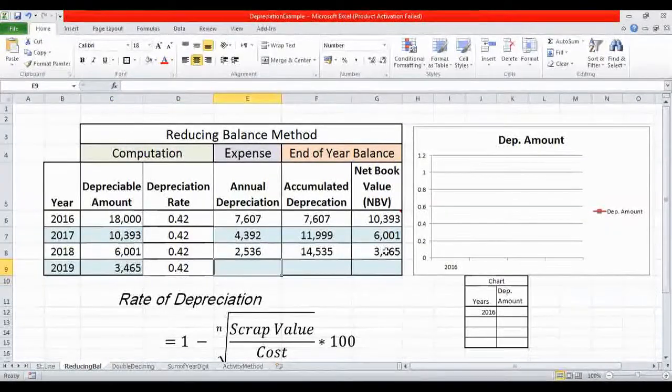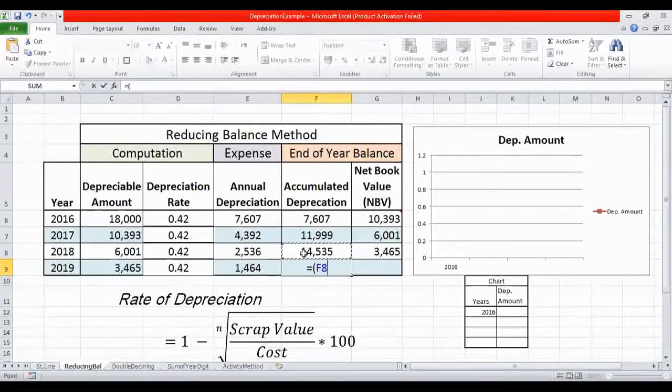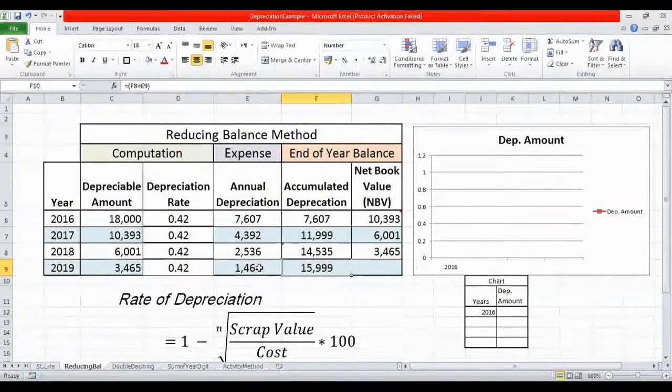Again, in order to calculate the depreciation expense, we are simply going to multiply this amount by this amount. It is going to give us the depreciation expense. Next, our accumulated depreciation. You guys already know accumulated depreciation is the sum of all the depreciation. So this amount plus this amount. You can see over here, this amount is becoming exactly the same, 16,000.